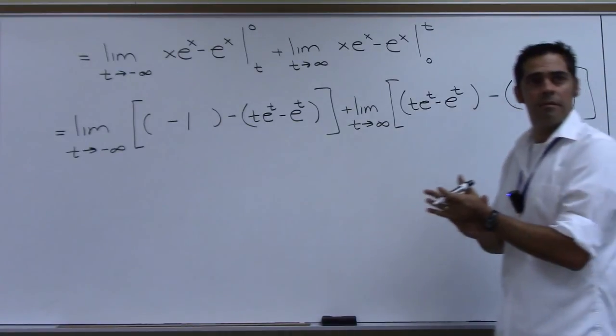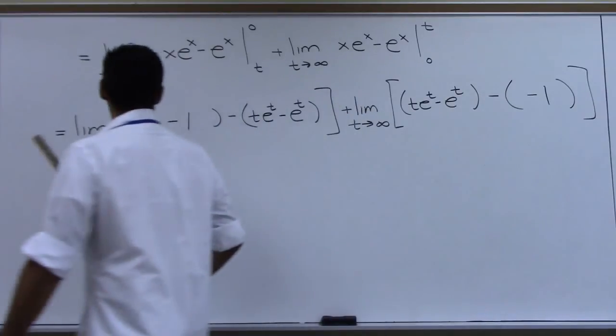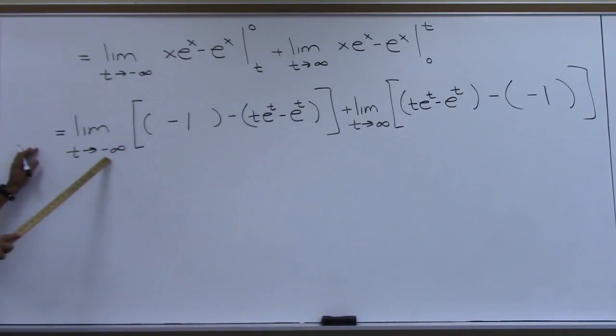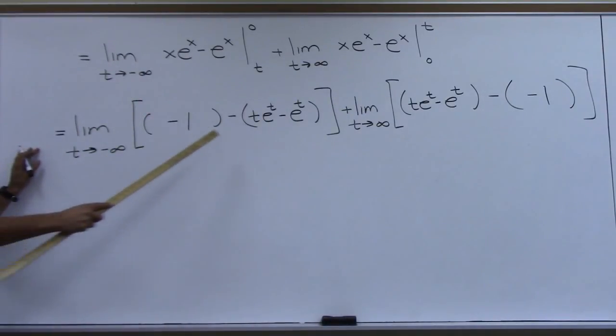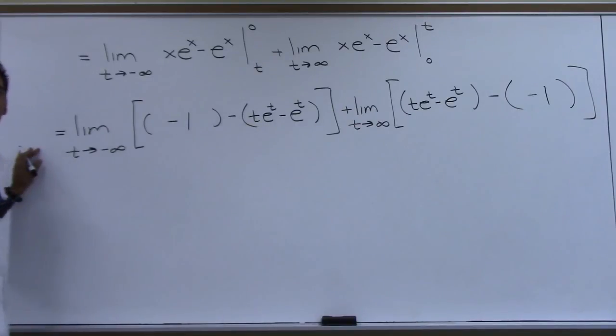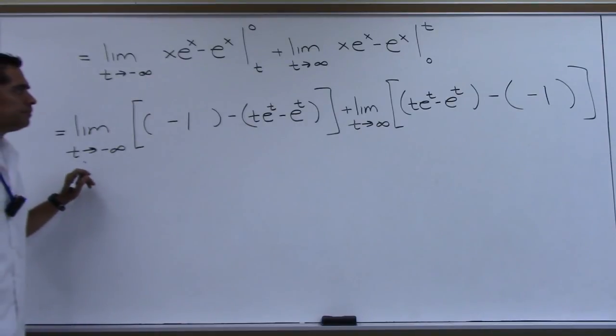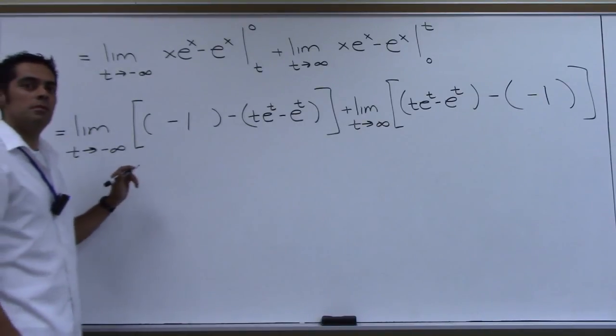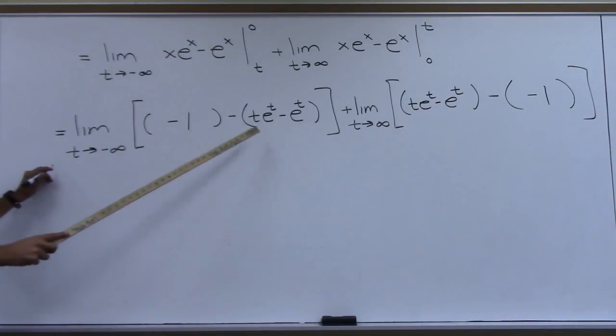Limit time, right? We need to figure out what happens if I let t go to negative infinity right here. What is this going to go to?